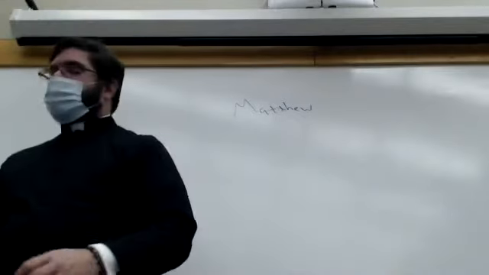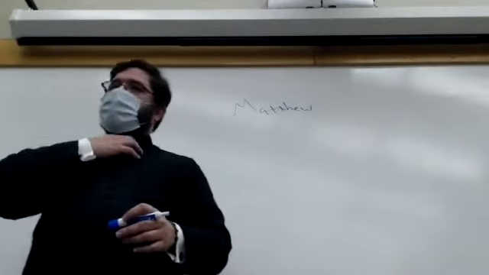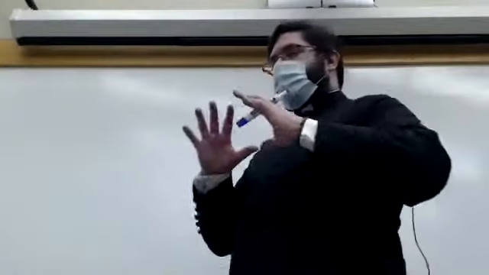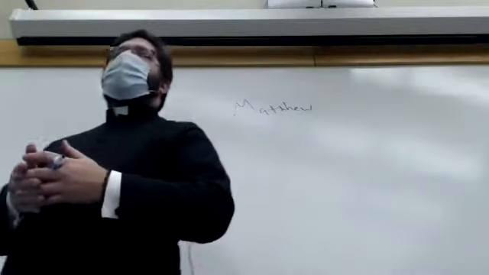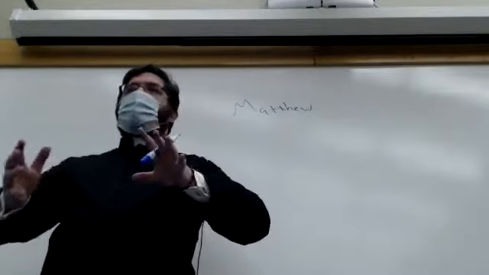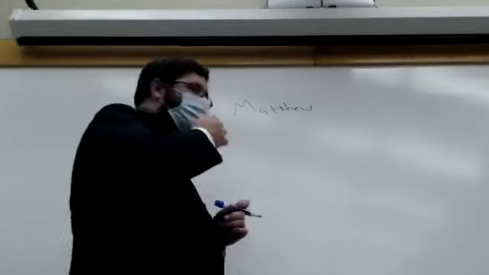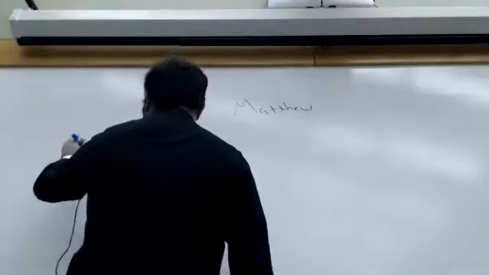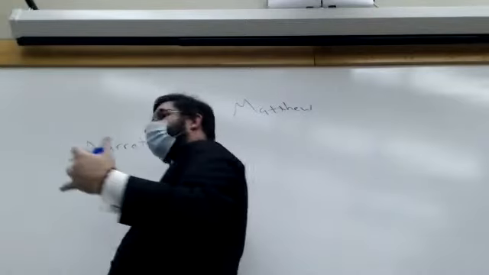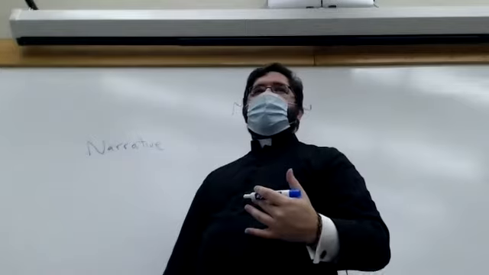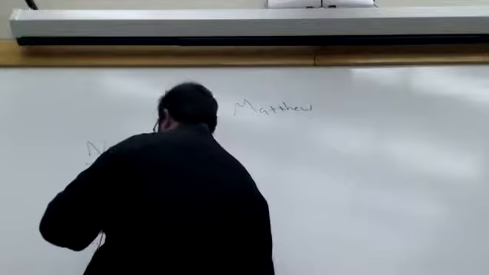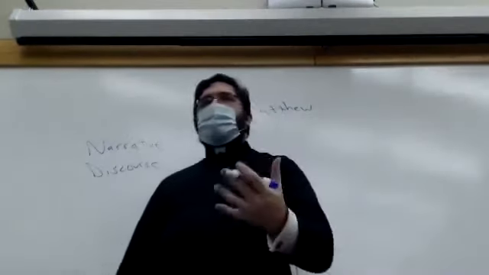So, seeing Matthew then, how is it that Matthew writes? What is his general structure of how he writes? Well, Matthew weaves between two sorts of things. He weaves between narrative, so describing what Jesus is doing, and then discourse: Jesus teaching, speaking, talking.